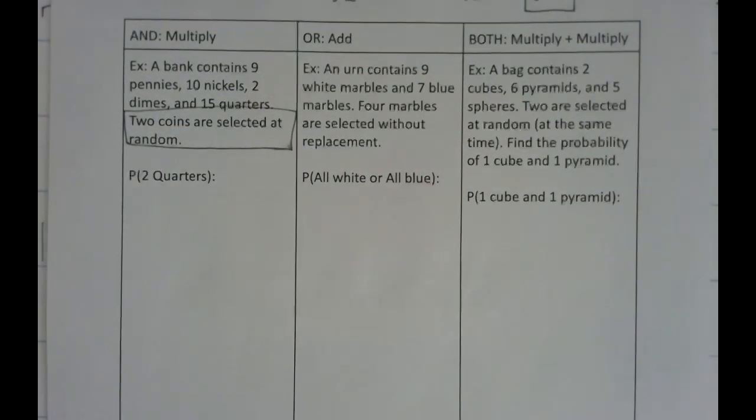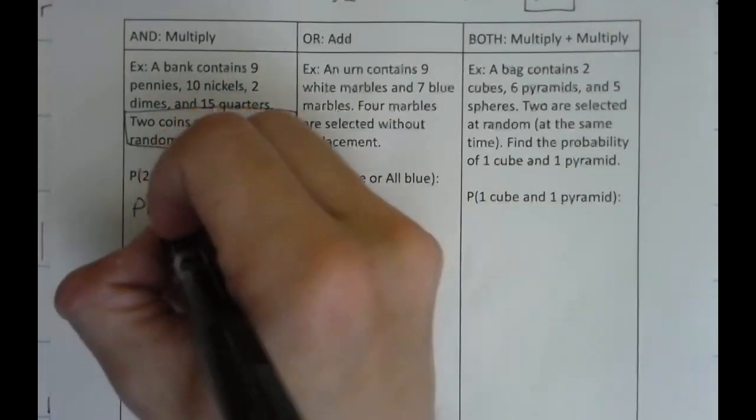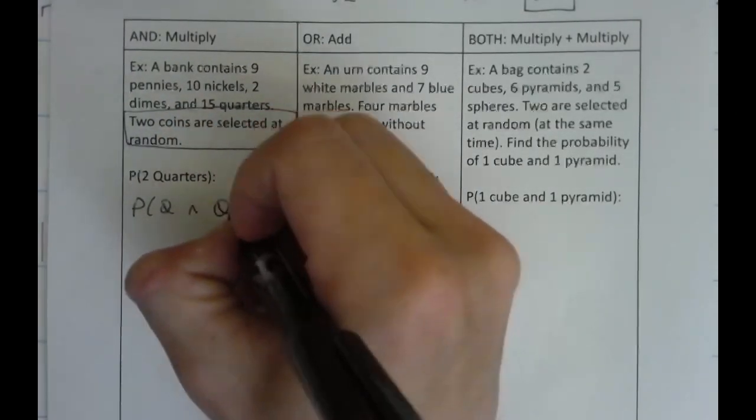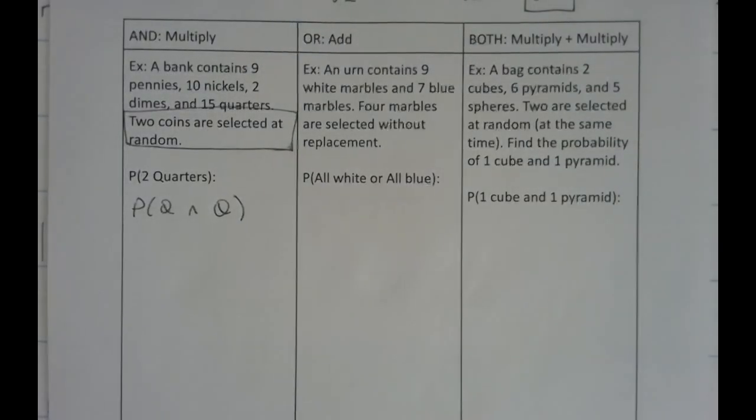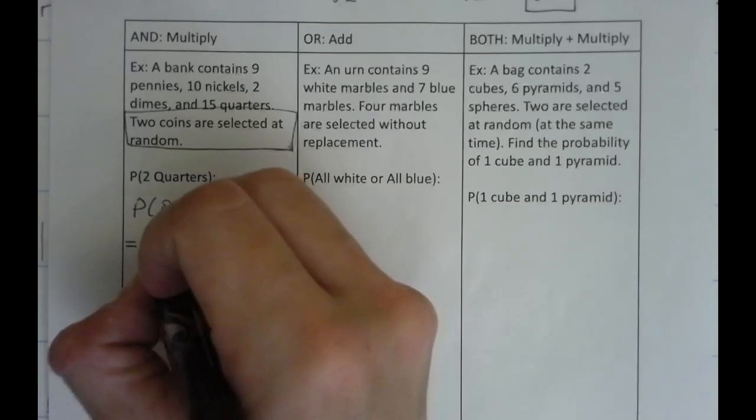If 2 coins are selected at random, what is the probability that you draw 2 quarters? So, I like this problem because it's showing us how we can think of and like multiplication. Well, the probability you get 2 quarters is the probability of getting a quarter and another quarter. Right? The probability you get the first quarter.